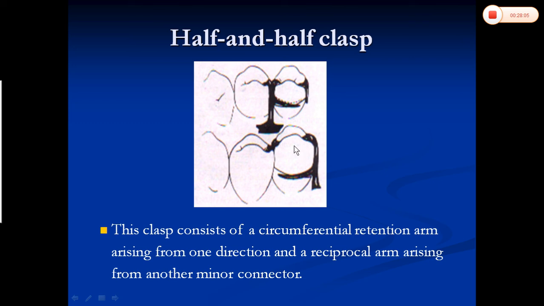Whereas in the same clasp, on the other side, the lingual side, it starts from the mesial rest and engages the distal lingual undercut. This clasp consists of a circumferential clasp form arising from one direction. So the circumferential clasp retentive arm starts distally and engages the mesial part.